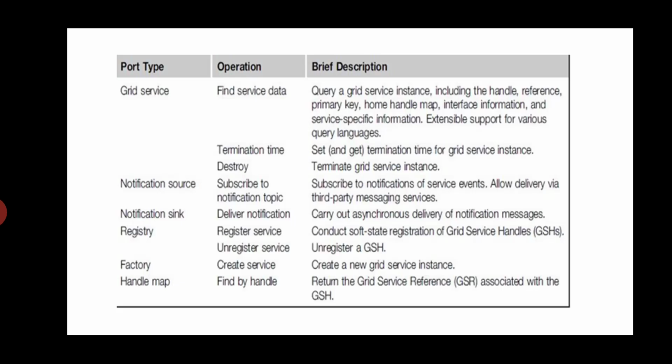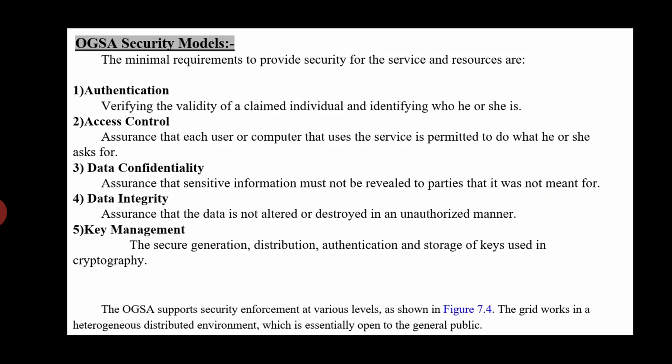And coming to the Open Grid Services Architecture security models, we have five security models to provide security for the grid services and resources. These are the minimal requirements we have to learn here.